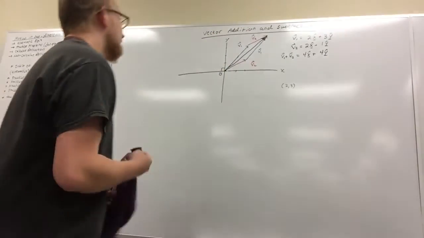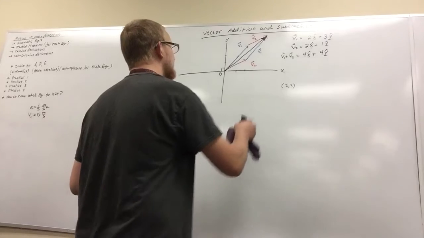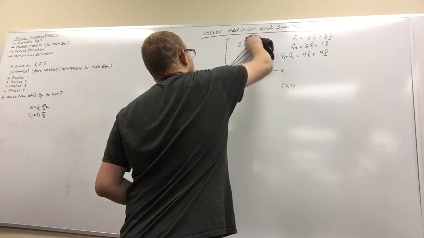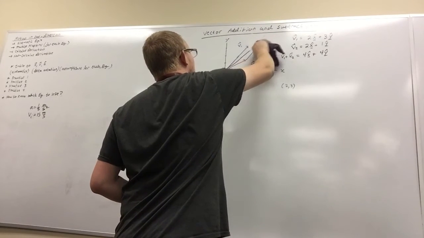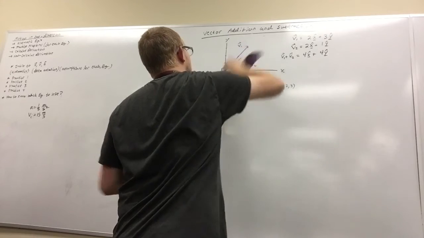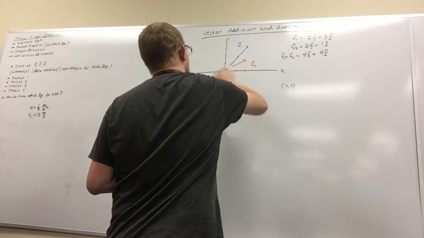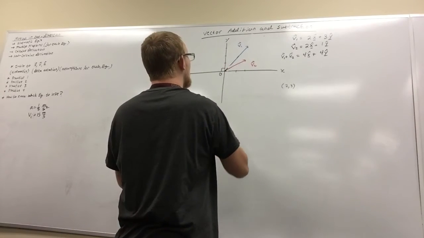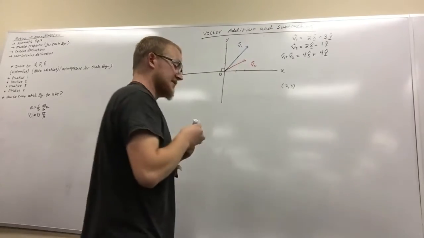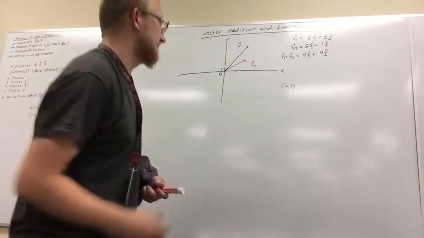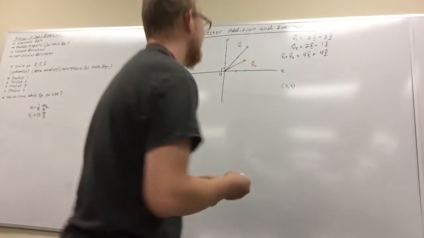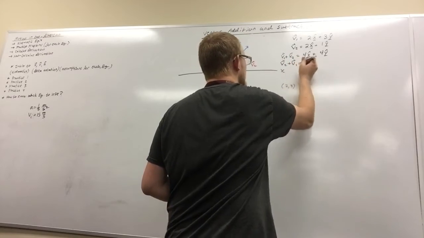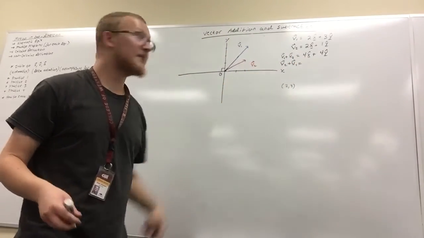Let's go ahead and look at what a subtraction looks like. So we'll keep v1 and v2 the same, and get rid of v1 plus v2. Alright, so what you may have noticed is that based on this, if we take v2 plus v1, so in other words, I'm doing the operation backwards.